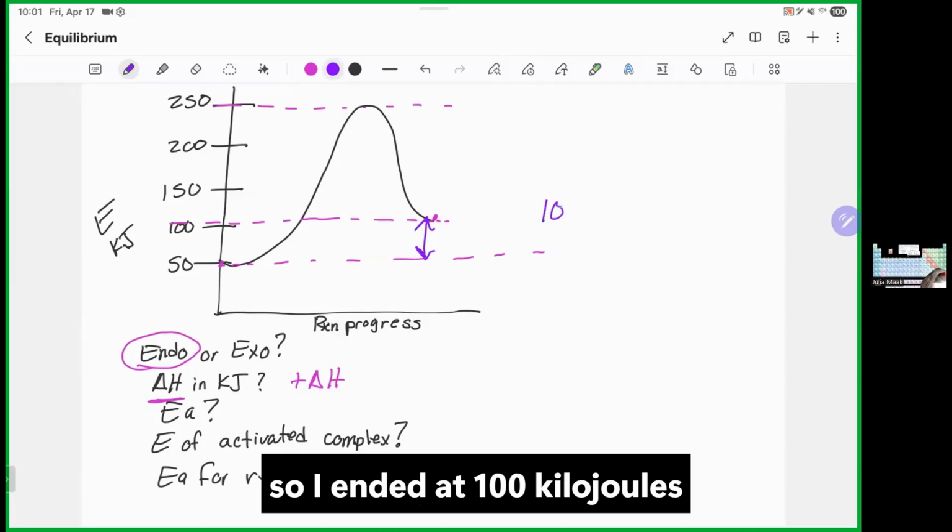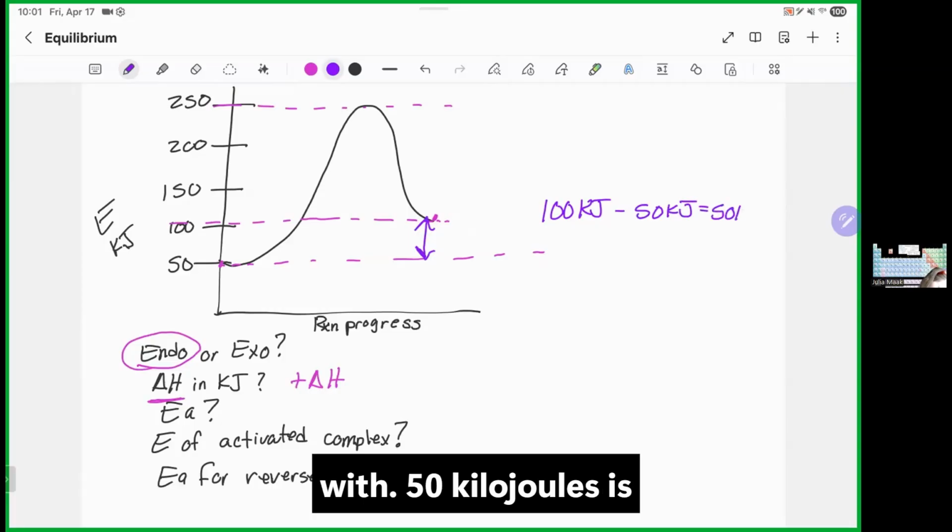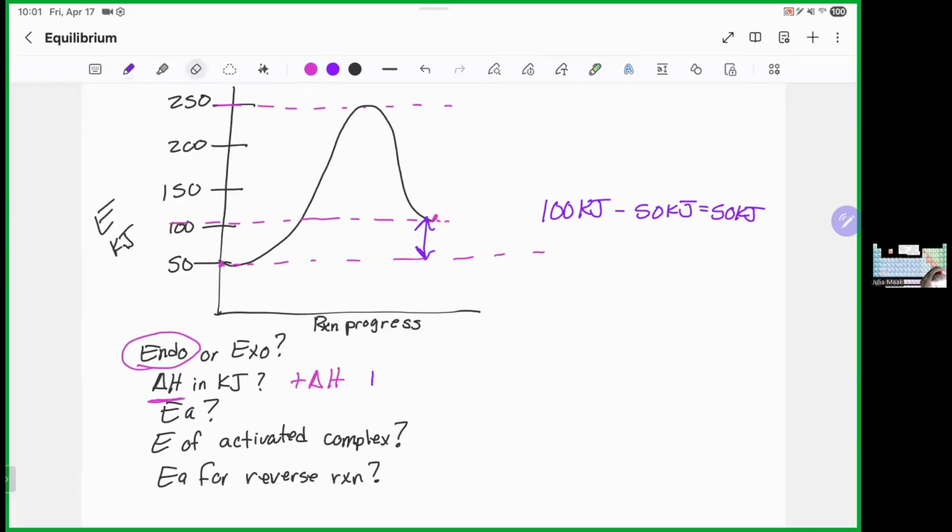Okay, so I ended at 100 kilojoules minus the 50 that I started with. 50 kilojoules is my change in energy. Okay, it's my delta H.